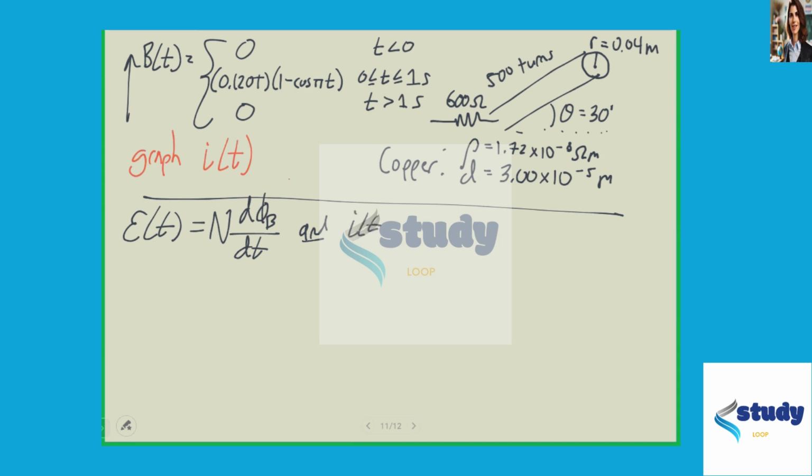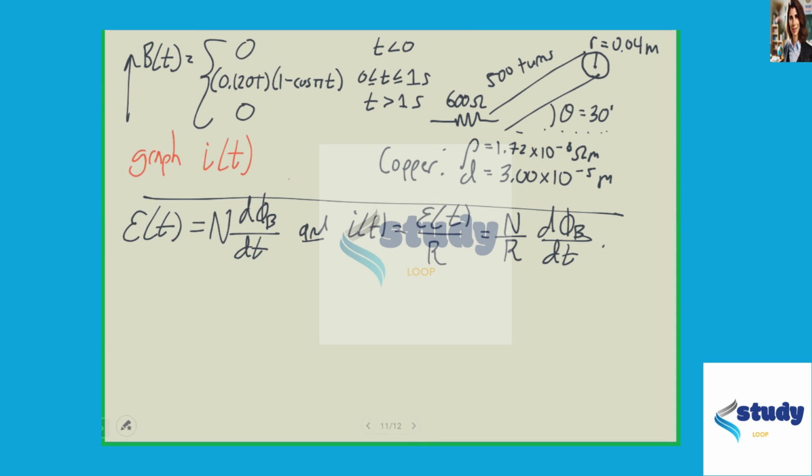So Ohm's law tells you that voltage is equal to current times resistance, right? So therefore, current is just voltage divided by resistance, or the current is the EMF divided by R. So the current is N over R times the rate of change of magnetic flux. Okay, so that's sort of our starting point formula.